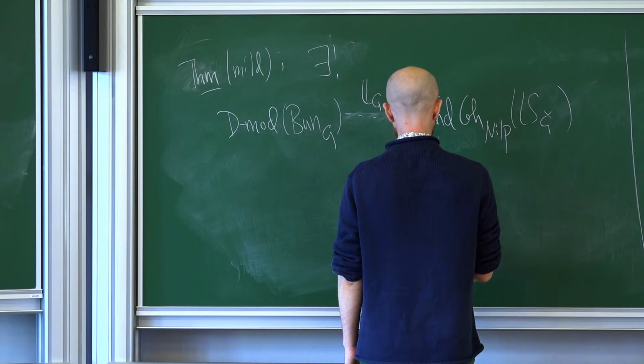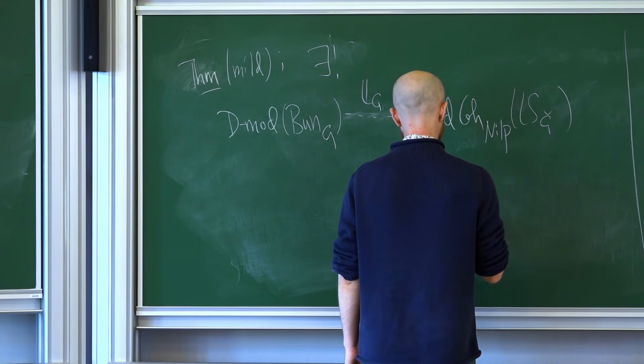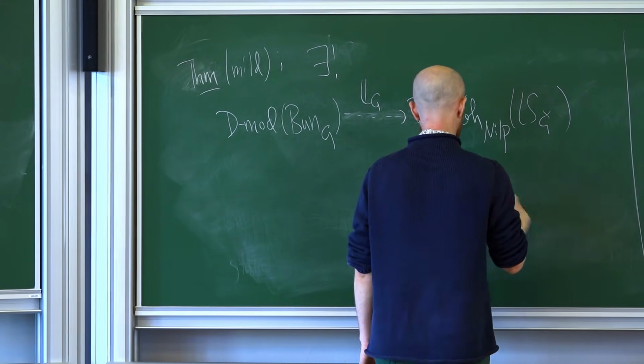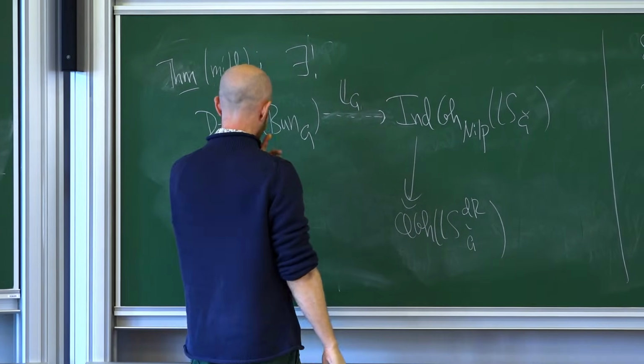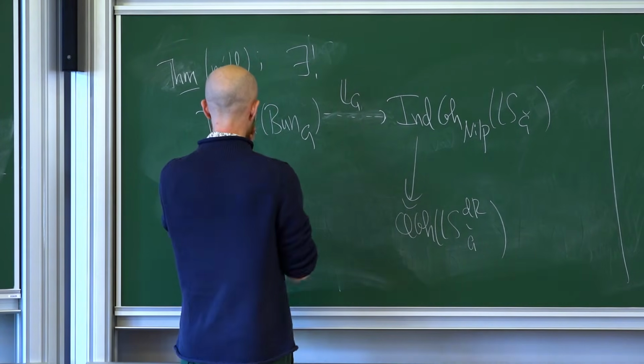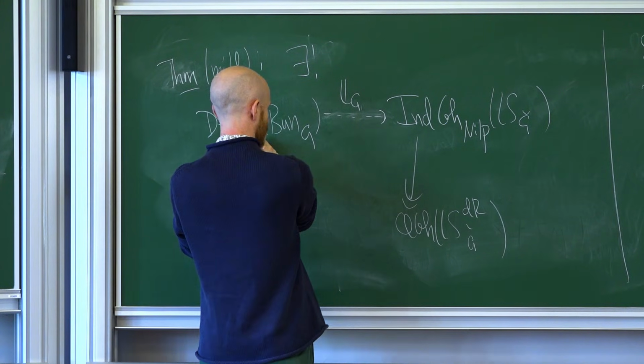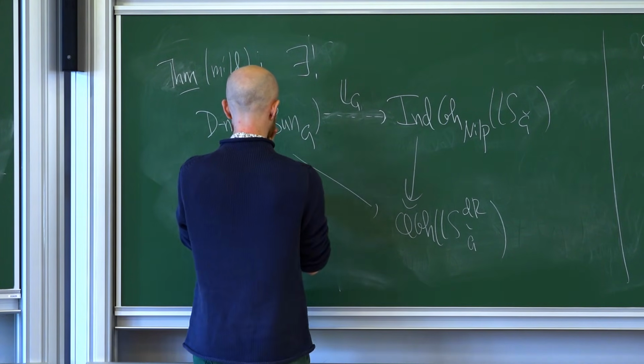This is this projection down to QCoh of LocSys_G check that we discussed last time. And this is this L_G coarse.